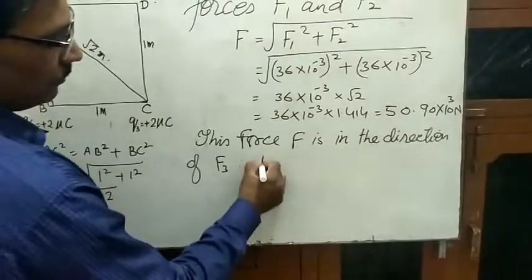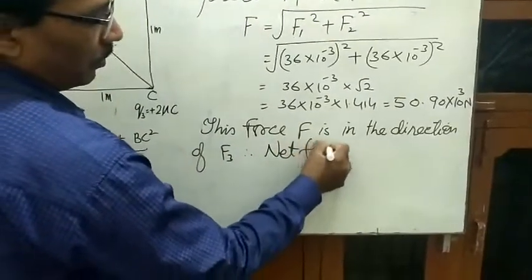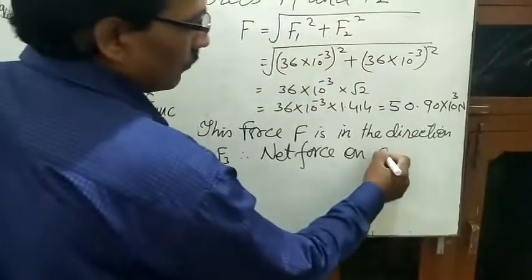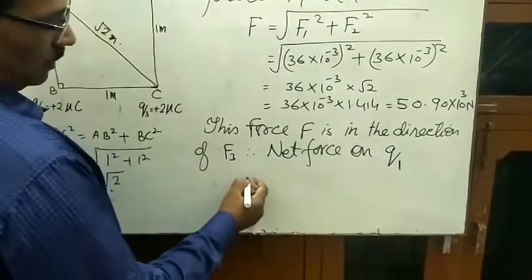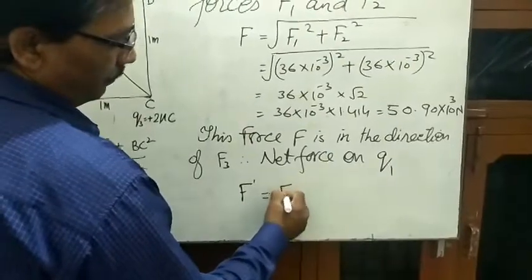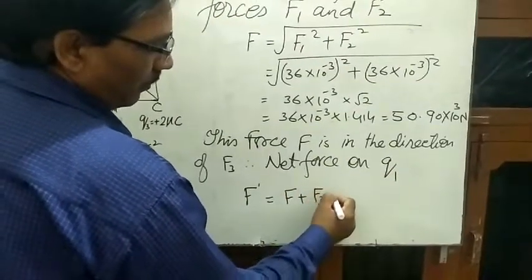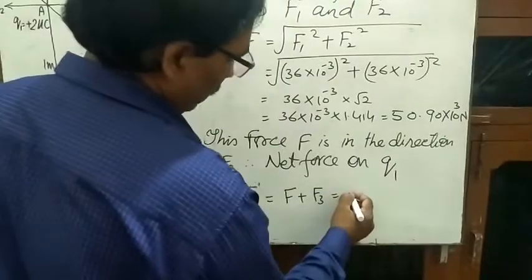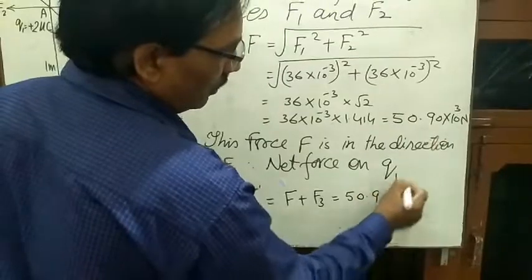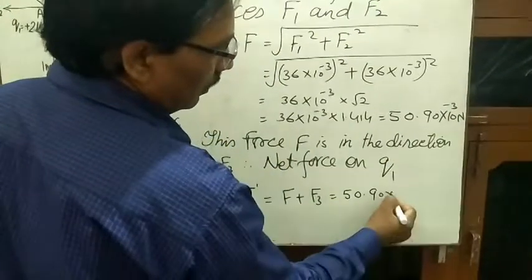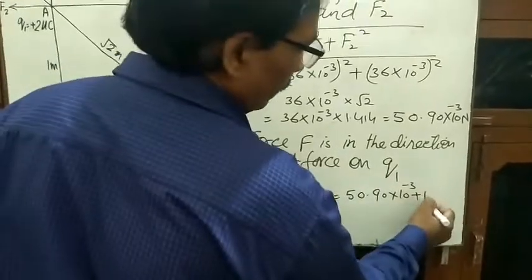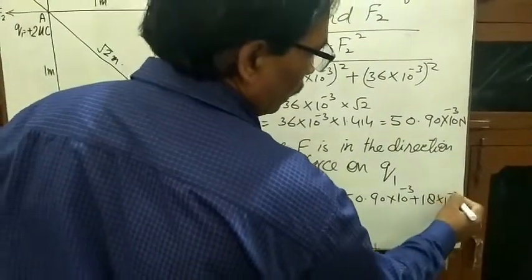Therefore, net force on Q1, F dash is equal to F plus F3. That is, F is 50.90 into 10 power minus 3 plus 18 into 10 power minus 3.